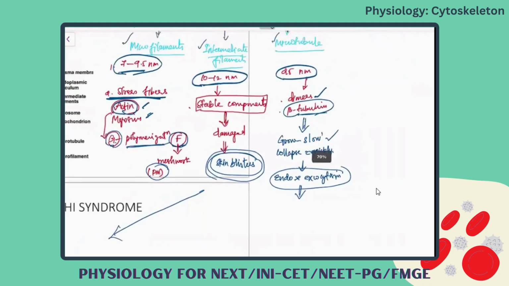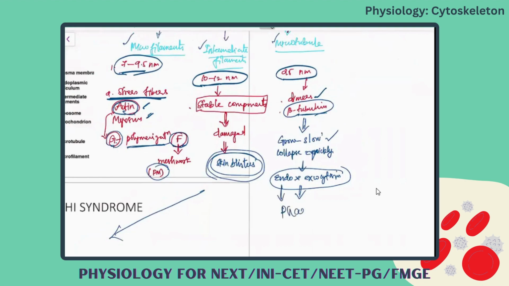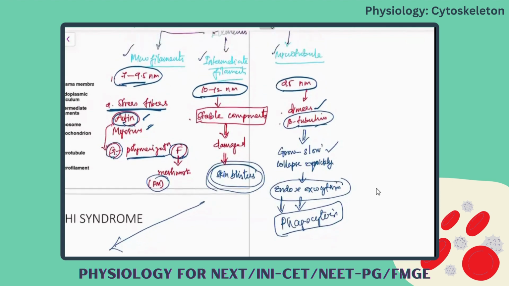One of those processes is phagocytosis, cell eating: engulfing debris or foreign substances, digesting them, and removing them from our system. If there is a mutation in the microtubules, it causes a defective phagocytosis mechanism, which leads to accumulation of debris.